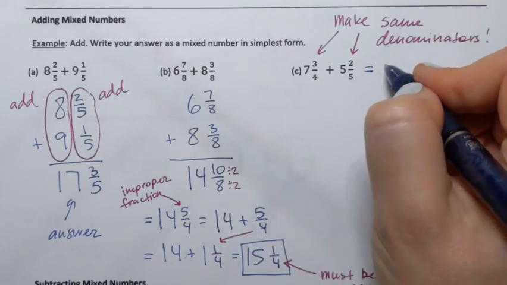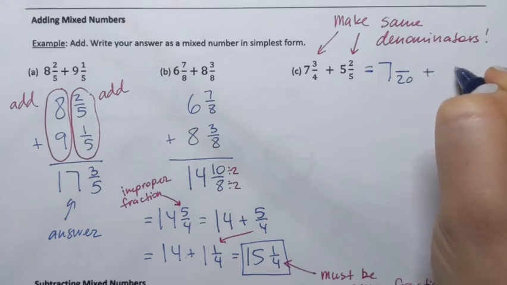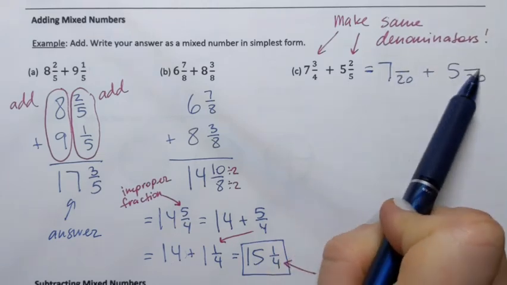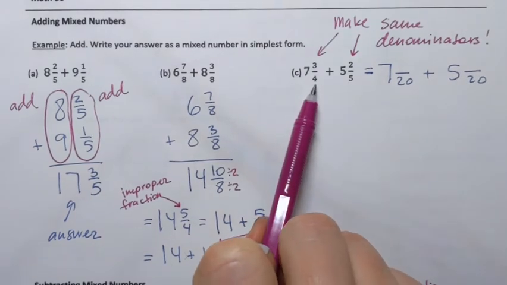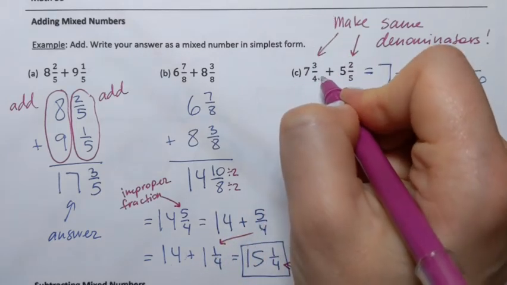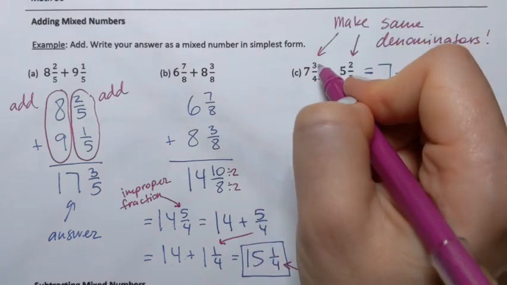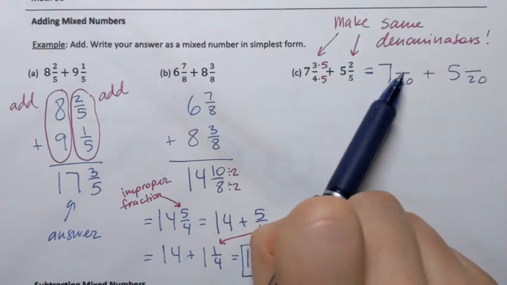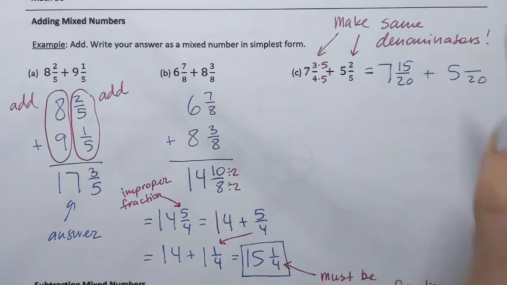So that means that I want 7 and something over 20 plus 5 and something over 20. So the question is what to put in the numerator. Well, to change denominator 4 to 20, I have to multiply it by 5, right? 4 times 5 gives me 20. That means that the numerator also has to be multiplied by 5. 3 times 5 is 15, so that's the equivalent fraction.